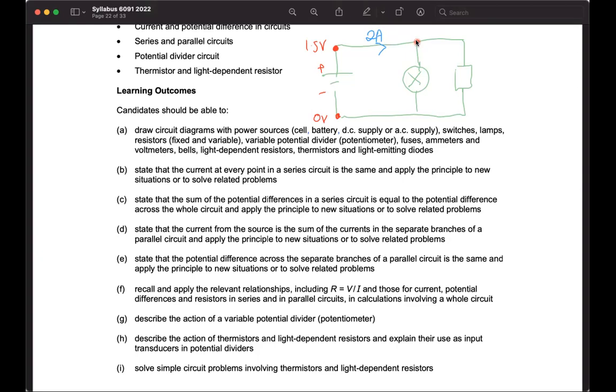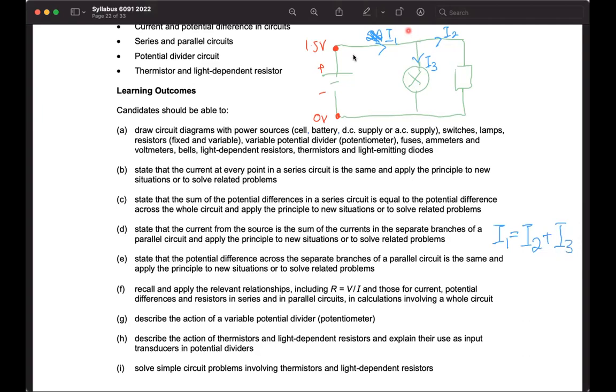Let me label this I1. At the junction, some of the current will go to I2, some of the current will go to I3. So for part D, what you need to know is that in a parallel circuit, current 1 is equal to current 2 plus current 3. Does that make sense?